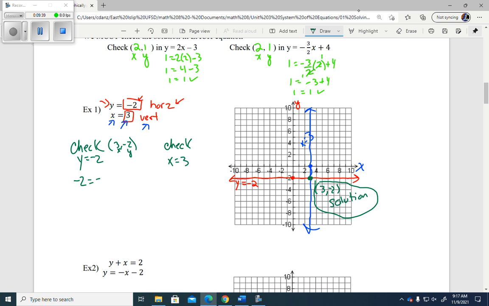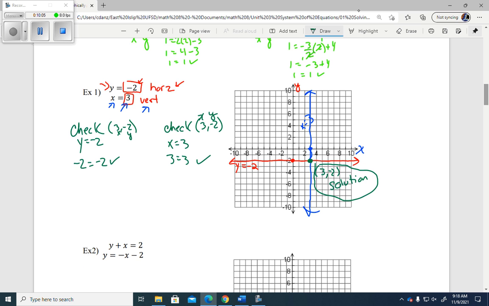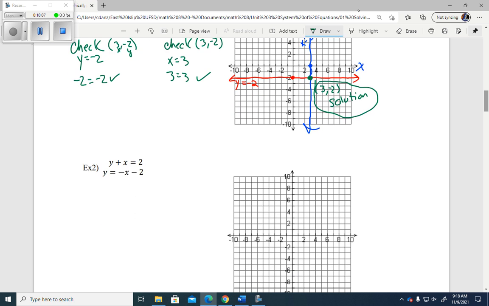There is no x in this equation, so there is no x to plug in. -2 equals -2, it checks. When I do the second check, I'm still checking the same point, 3, -2. This is my x, this is my y. In place of x, I put the 3. There is no y to substitute in. I can see 3 equals 3. So my solution is 3, negative 2, and it checks in both equations. Remember, you can hit pause if I'm going too fast.